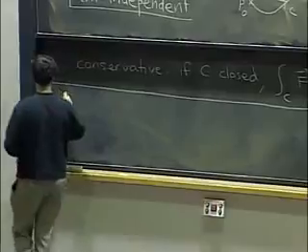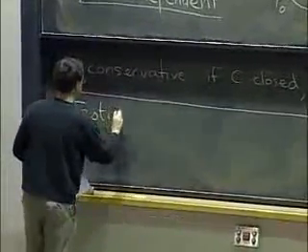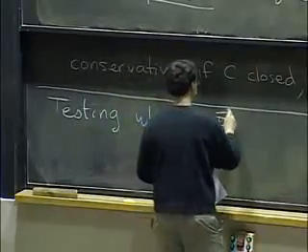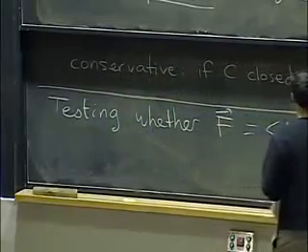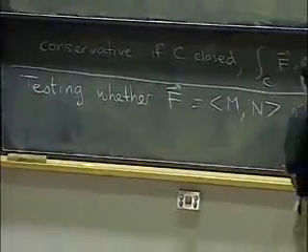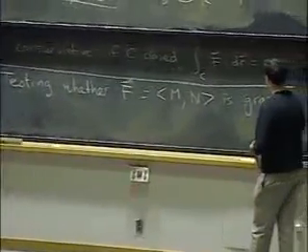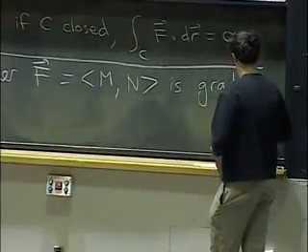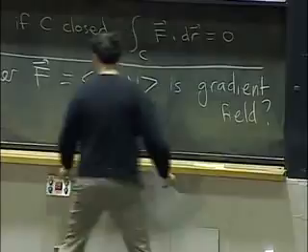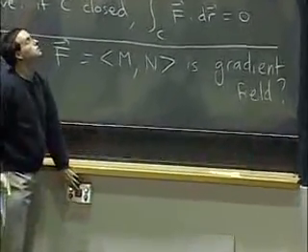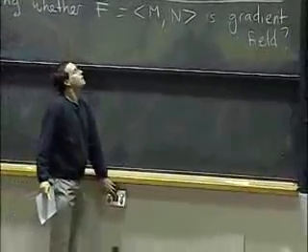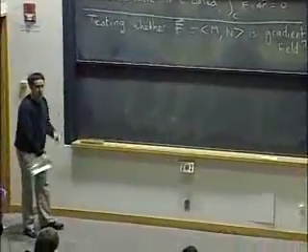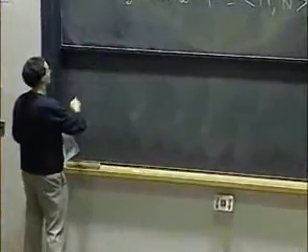So the question is testing whether a given vector field, let's say with components M and N, is a gradient field. Well, let's start with an observation. Say that it is a gradient field.